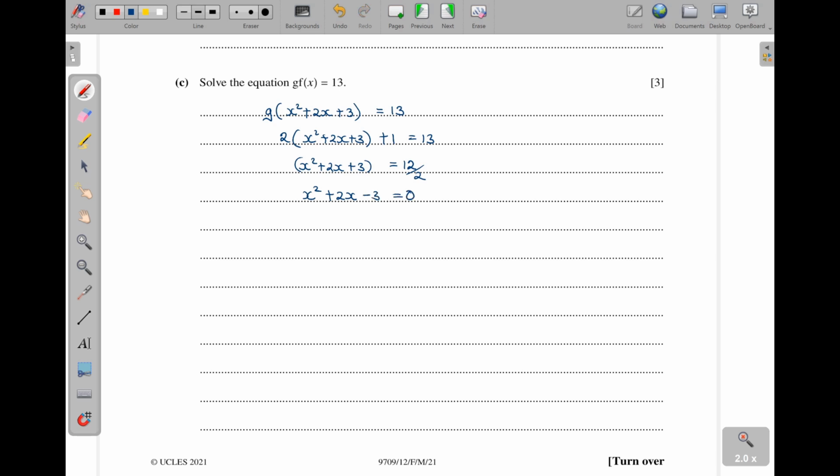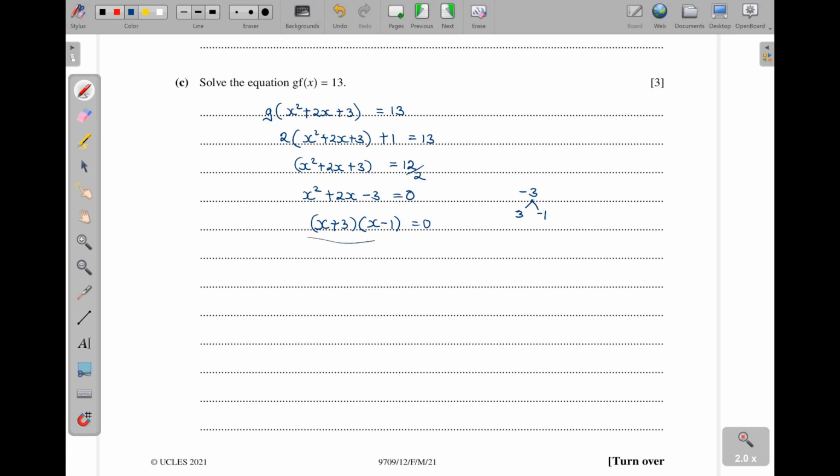This is a quadratic equation which we can solve. Two numbers, when I multiply them, they give me negative 3, but when I add them, they give me 2. That will be a positive 3, okay? And then a negative 1. When you add these two, they give you the 2 here. When you multiply them, they give you the negative 3. So we shall have x plus 3 and then x minus 1, which is equal to 0.